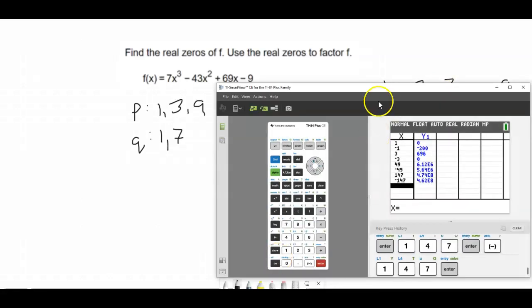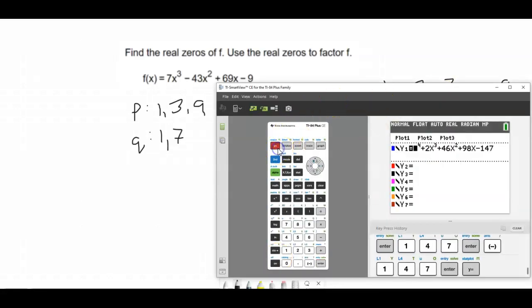I'm going to go ahead and go to my calculator. I'm first going to put in this equation. So that's 7x cubed minus 43x squared plus 69x minus 9. Enter.